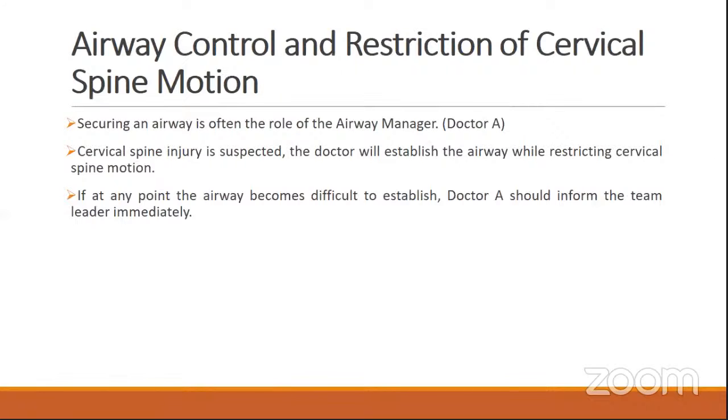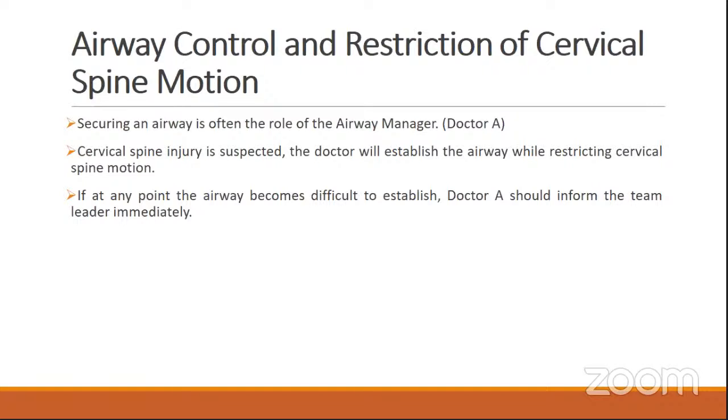So now, once the trauma team is activated, the next thing would be airway control and restriction of cervical spine motion. Securing an airway is often the role of the airway manager. I have already told the team members which are required to form a team.